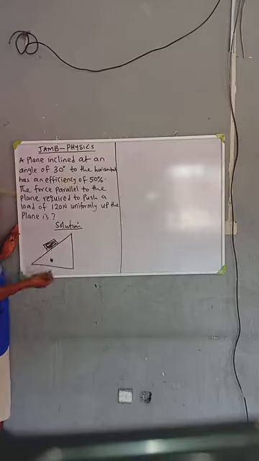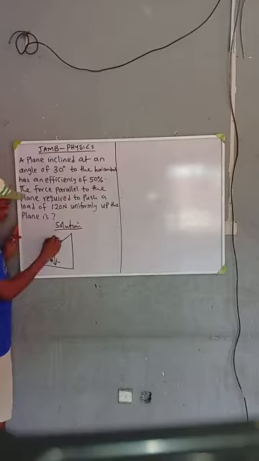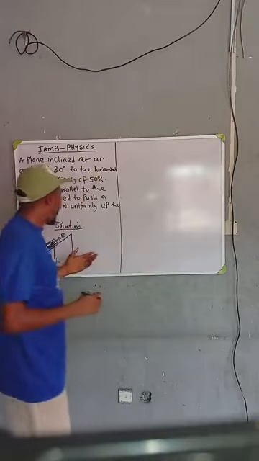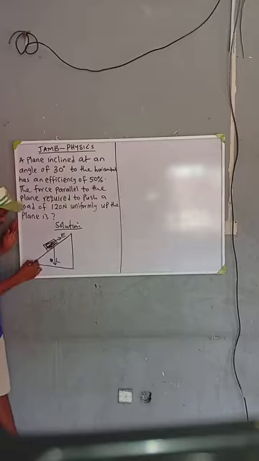And of course, the direction of the load is downward. So this is the direction of the load. And here is where the effort is pointing. And you have an angle of theta degrees subtended to the horizontal.